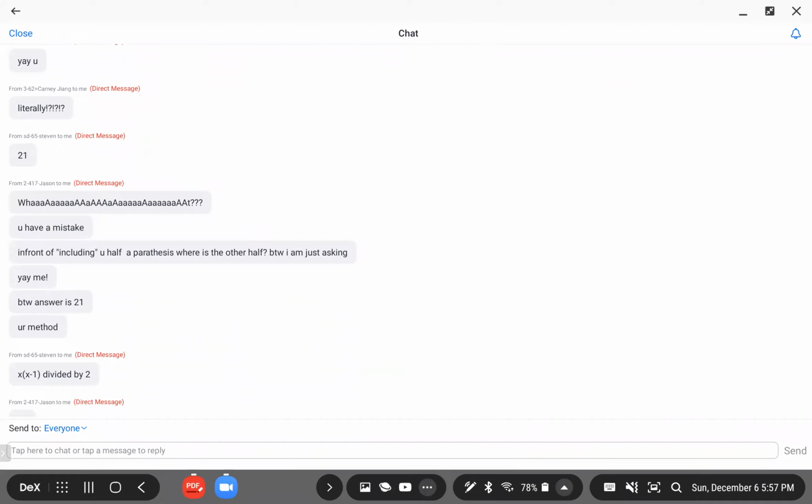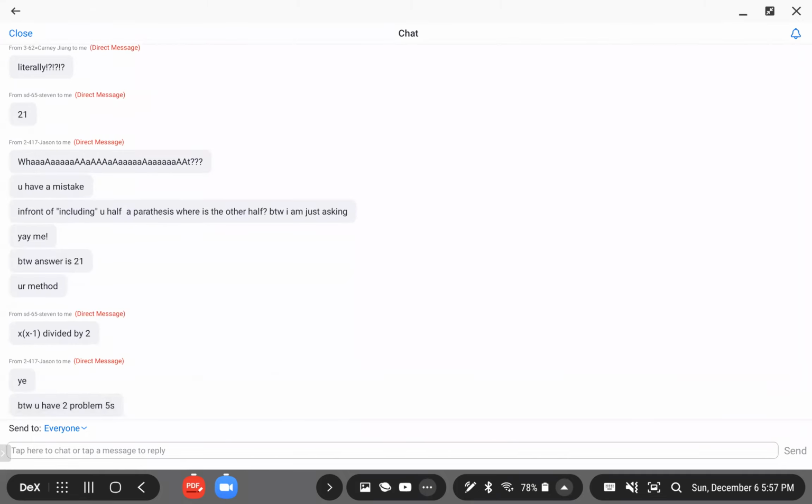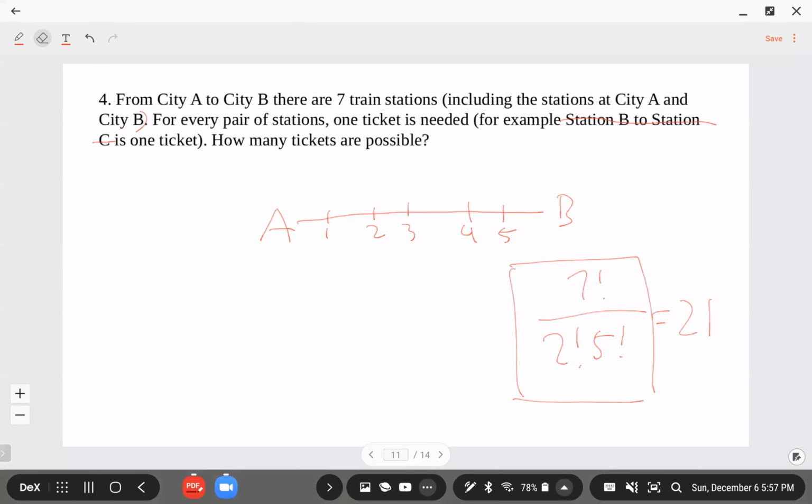Because if you multiply 7 times 6 times 5, isn't that going to be 7 factorial divided by 2? That would be a bit big, don't you agree? The second method, it would be 7 plus 6 plus 5 plus 4, right? You start out with 7 train stations. Actually, 6. Yeah, 6 plus 5.